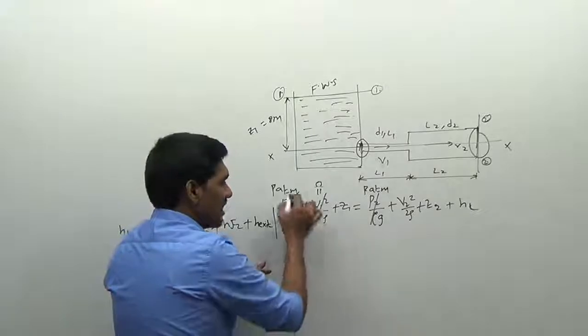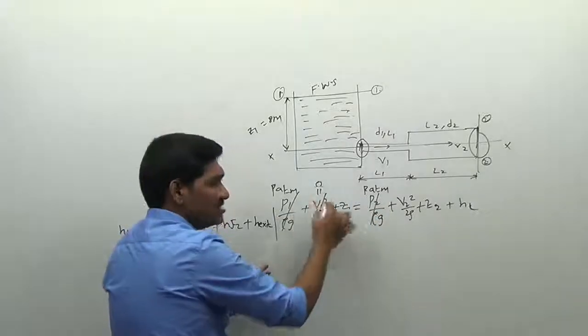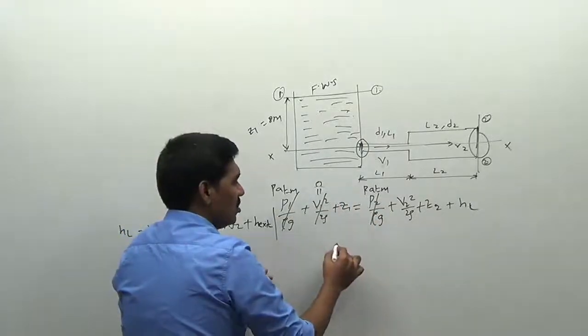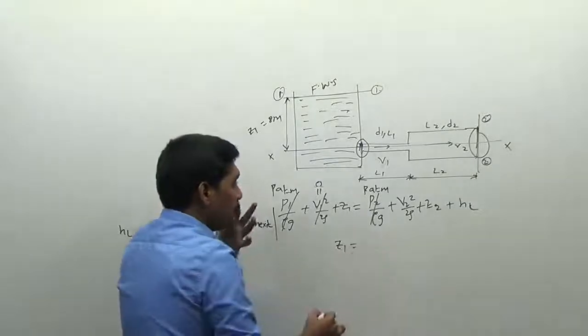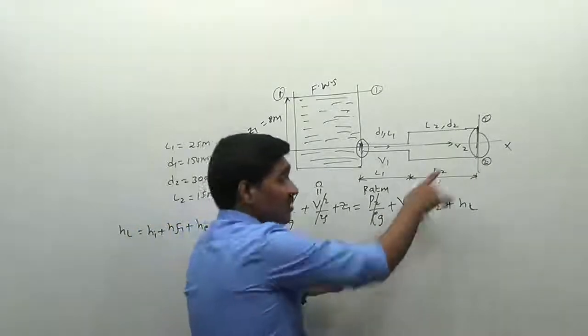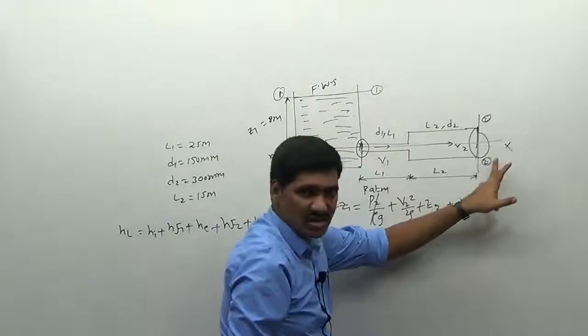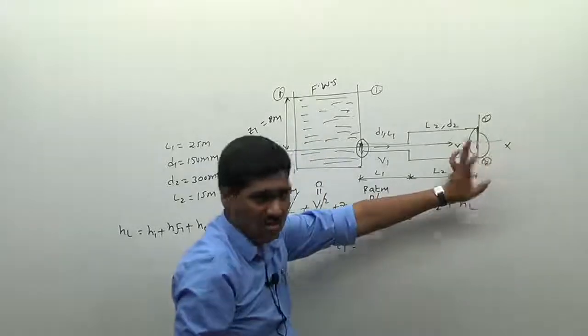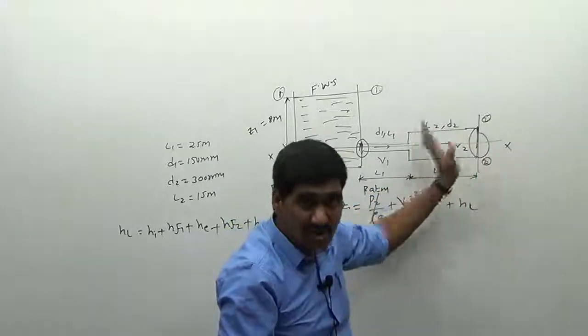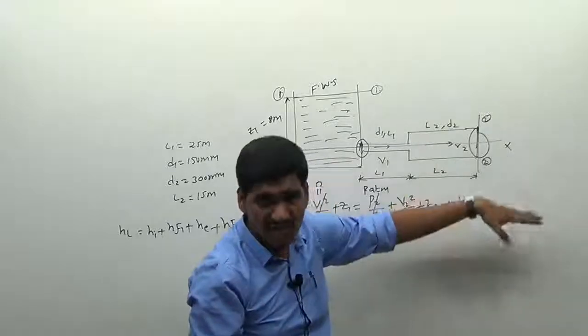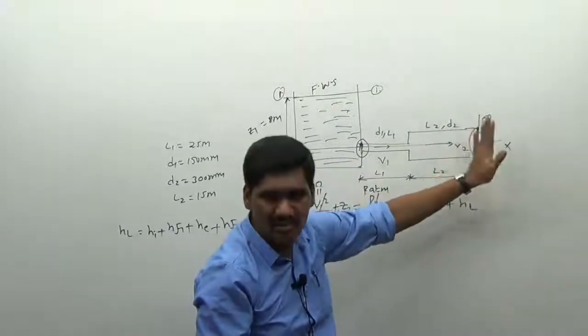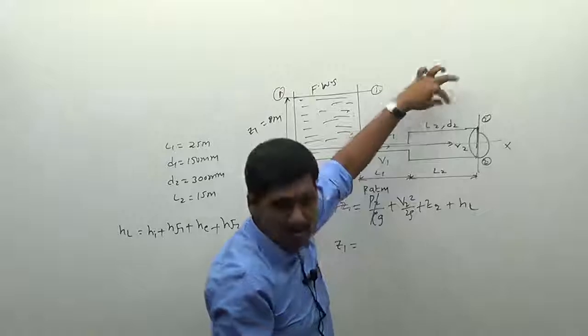If you cancel these two terms, this value is equal to 0. You will be left with only the value of Z1 is equal to the velocity head at section 2. You will be having some velocity V2 here. Don't take this velocity V2 as 0, because the liquid comes out with some velocity into the atmosphere. If the velocity at this section is 0, it means the valve should be closed here.